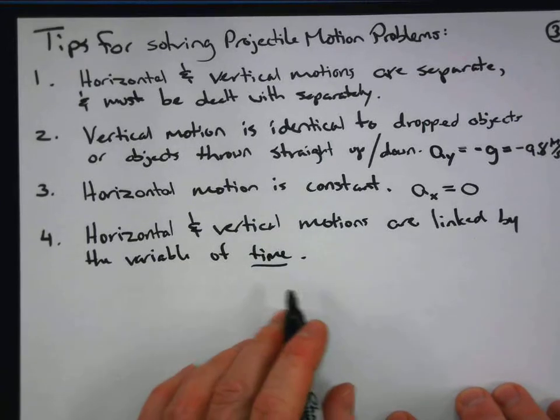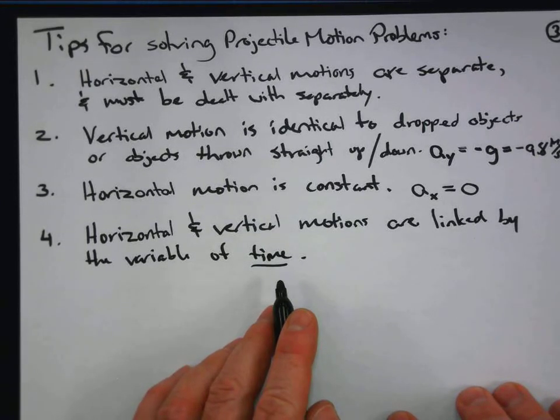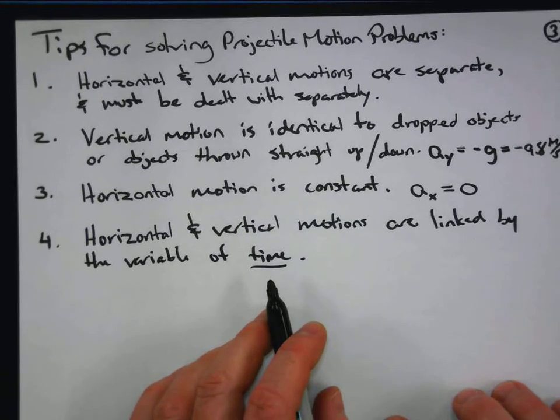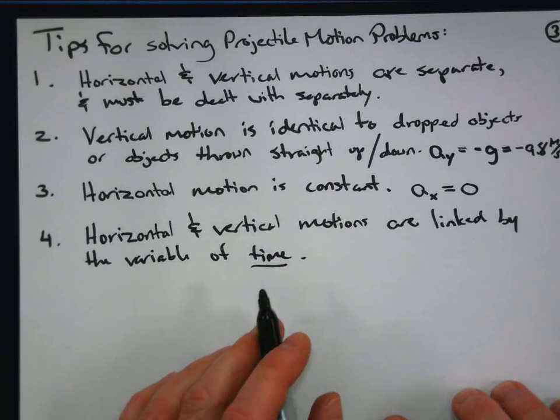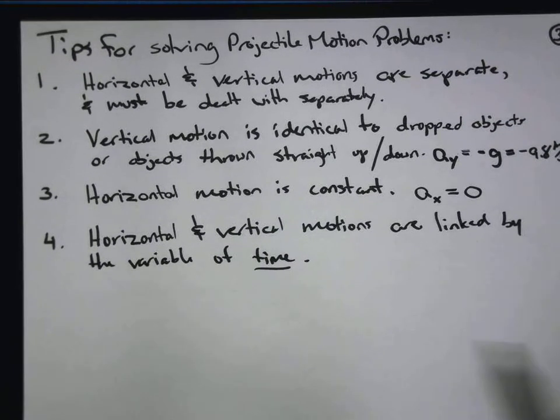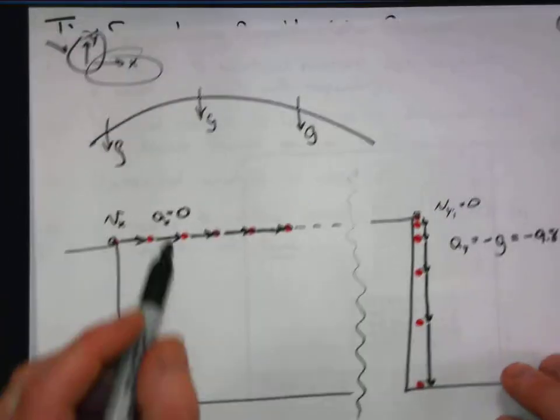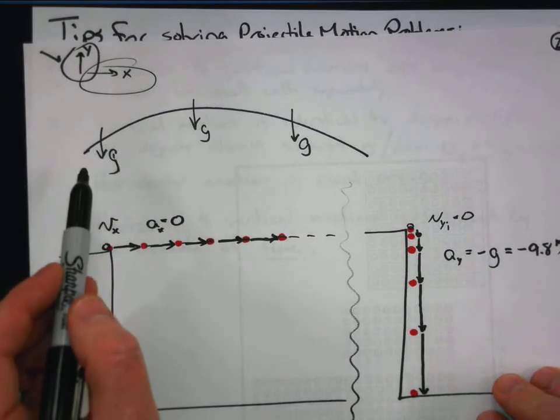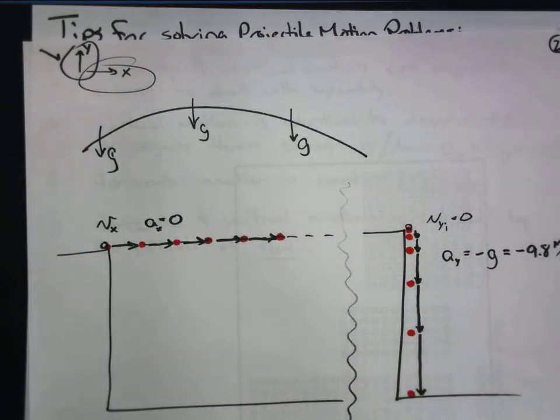So in other words, from launch to landing, it just takes a certain amount of time, and that time is the amount of time it takes to travel horizontally, along with the time it takes to travel vertically. So there's a horizontal, and then there's also an up and a down vertical, right? If you can imagine that here.